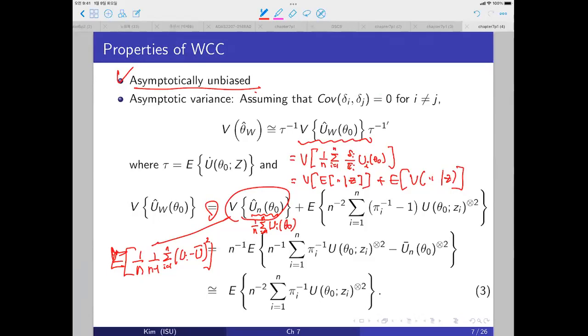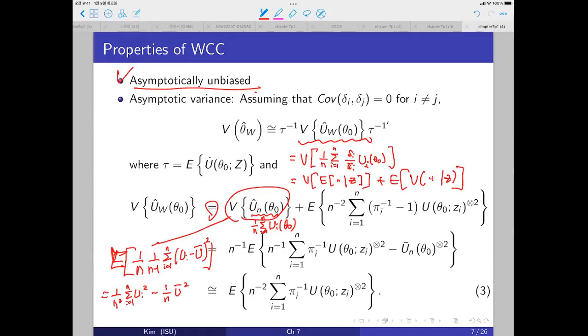So then you have something here, and then you have a term here, and then do some simplification. Let's write it as 1 over n squared, summation of 1 over n u_i squared, minus u bar squared.